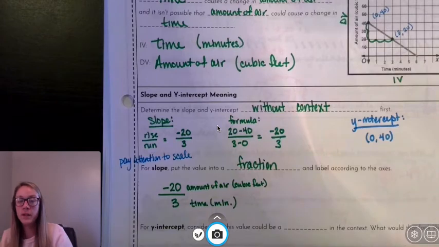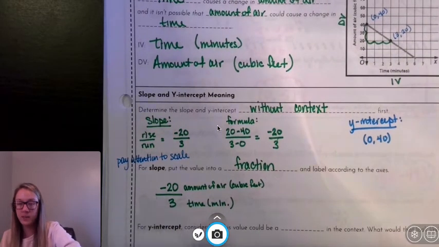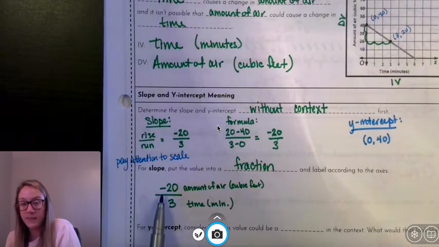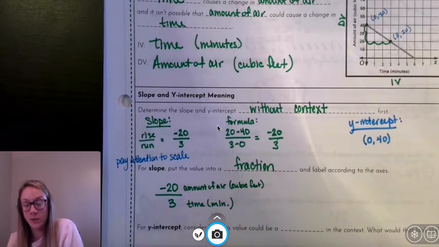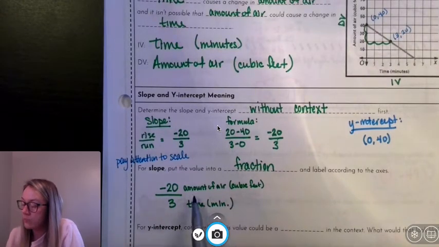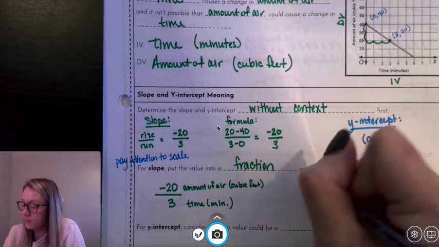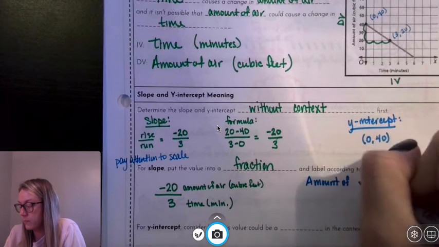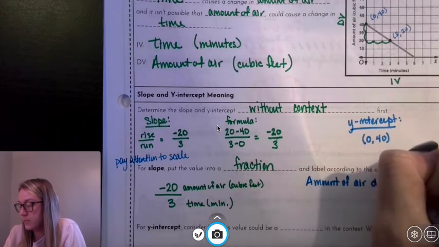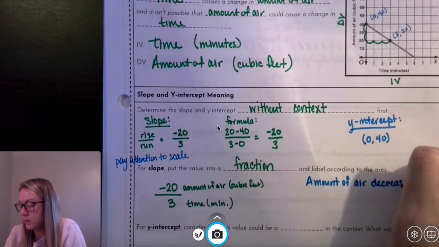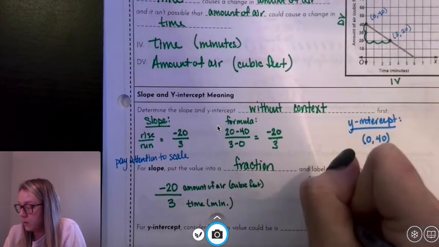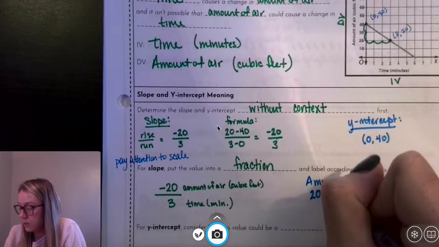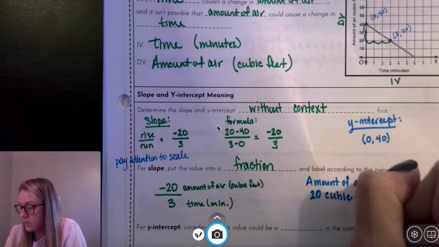And so we want to write a sentence basically saying this whole thing. So we're going to say for our slope, if it's negative, it's going down or it's decreasing. So we're going to say our amount of air decreases by 20 cubic feet.